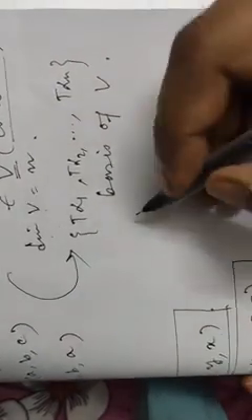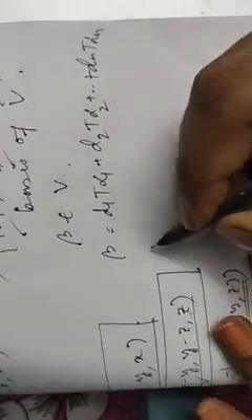Now let us take any quantity beta belonging to V, any vector. Beta belongs to V, that means beta can be expressed as a linear combination of the basis elements. So beta can be written as some d1 T alpha 1 plus d2 T alpha 2 plus dot dot dn T alpha n, right?